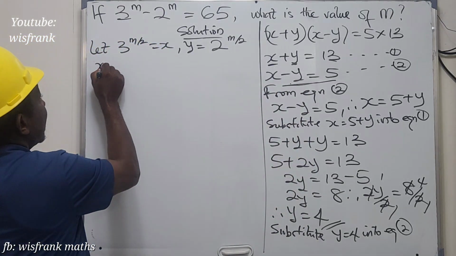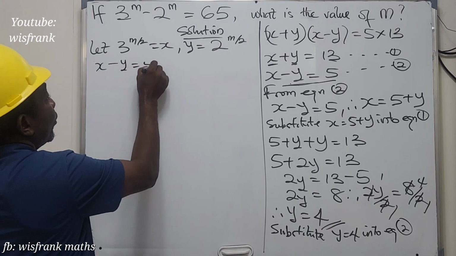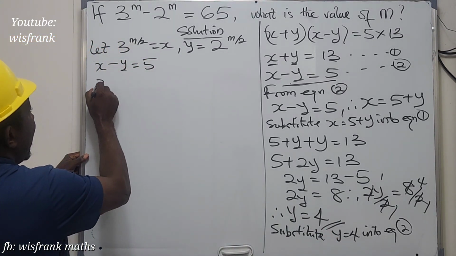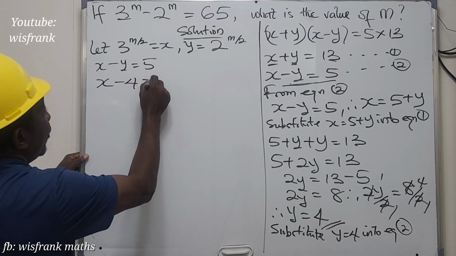Equation 2 is x minus y equals 5. So the value of y is 4, and we have x minus 4 equals 5.